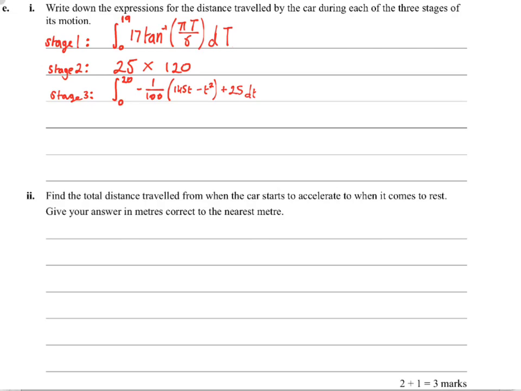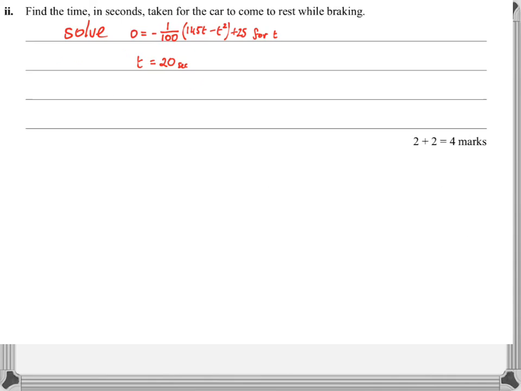And then the next part, stage 3, is when the car's braking, the deceleration, so it comes to rest. From the previous question, we worked out it comes to rest at t equals 20 seconds. Now this is a new t, a new stage of the journey, the deceleration, the braking stage, and we're using small variable t instead of big. So it's going to be from 0 to 20 seconds of braking.